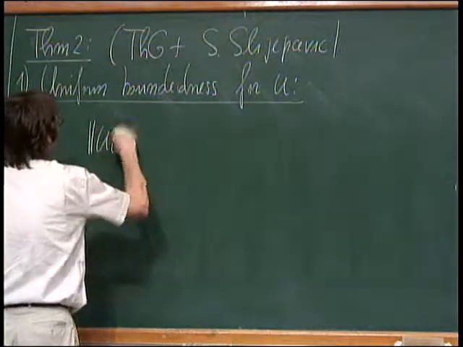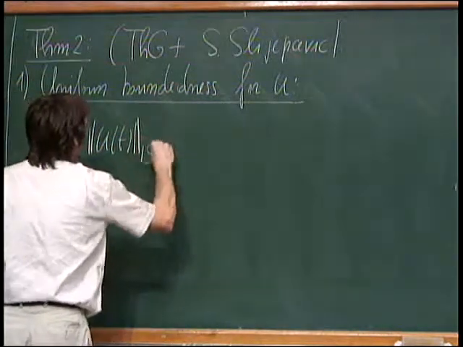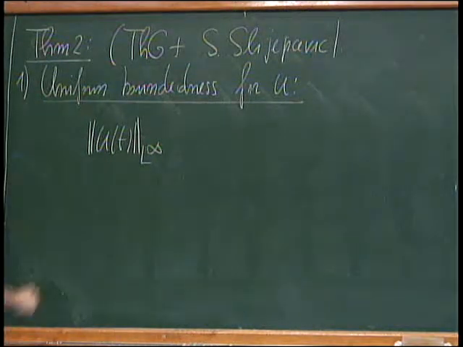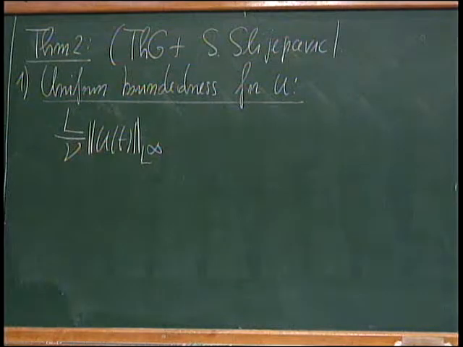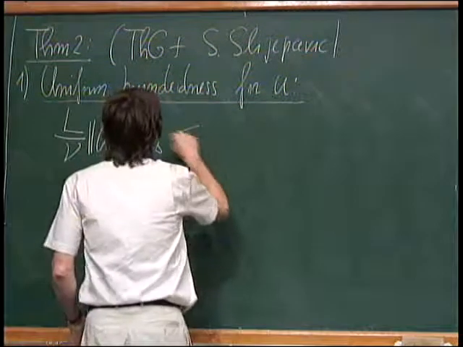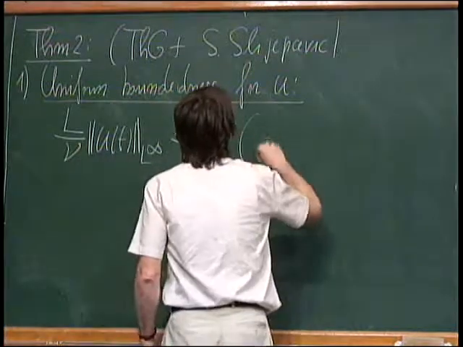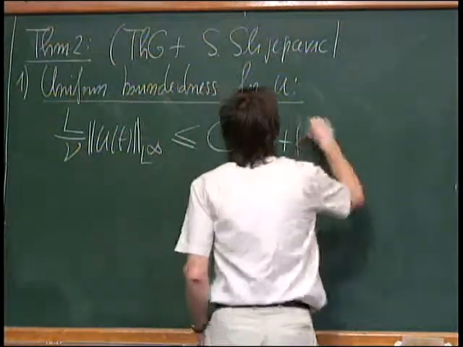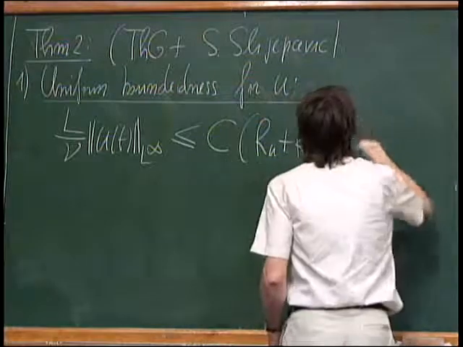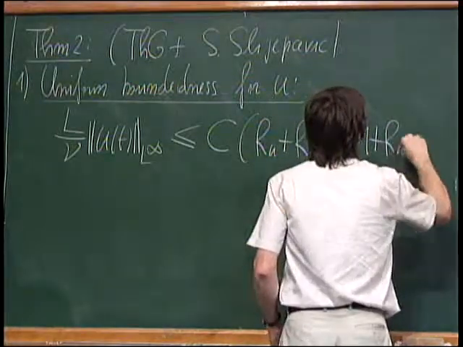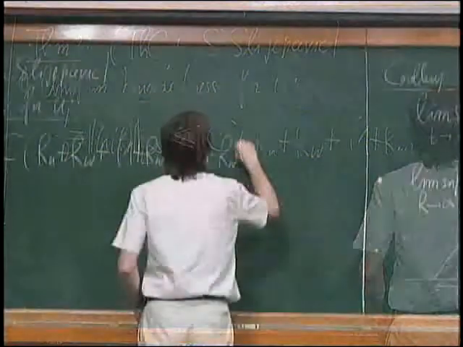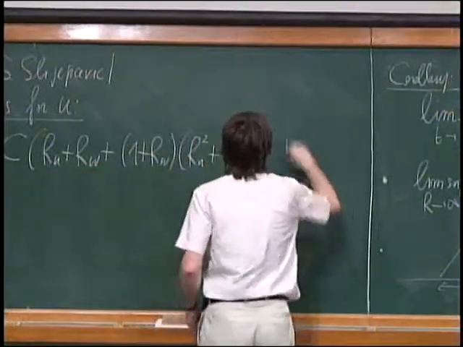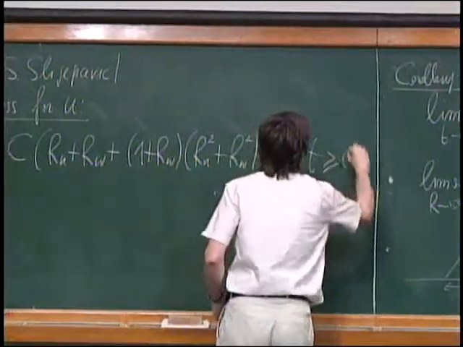Suppose I take the L infinity norm of u at some time t, and to make it dimensionless, I multiply by L over nu. This is bounded by a universal constant times R_u plus R_omega plus 1 plus R_omega times R_u squared plus R_omega squared, and this is for all positive time.